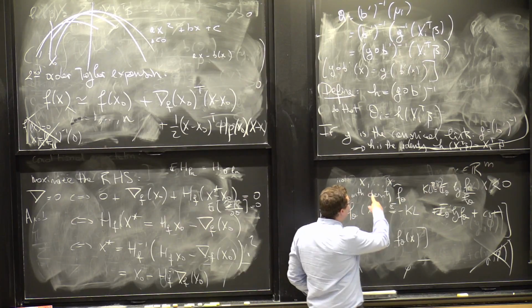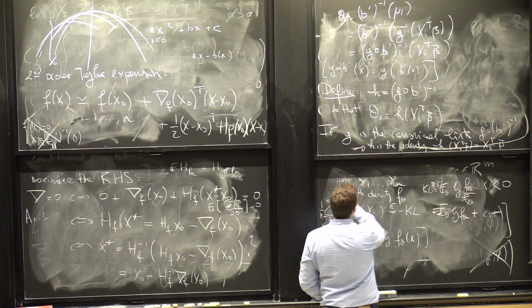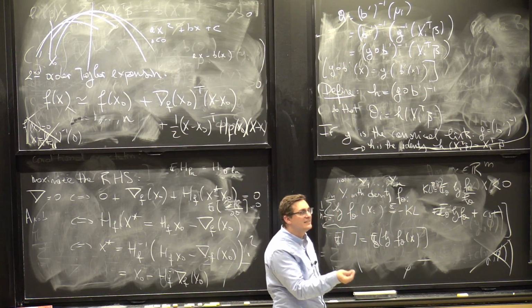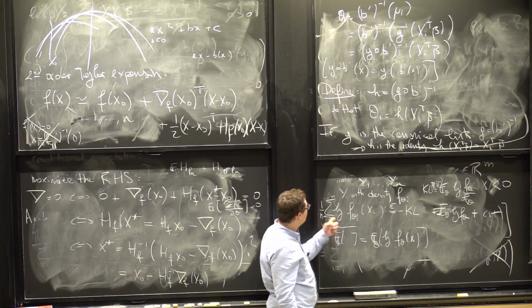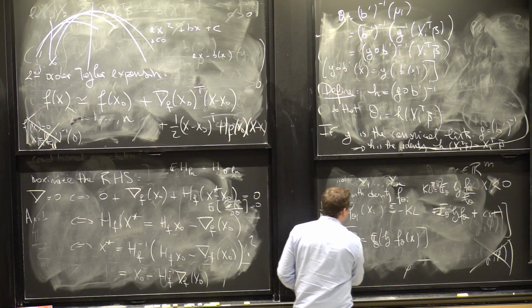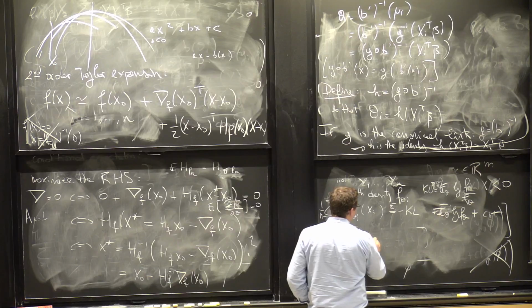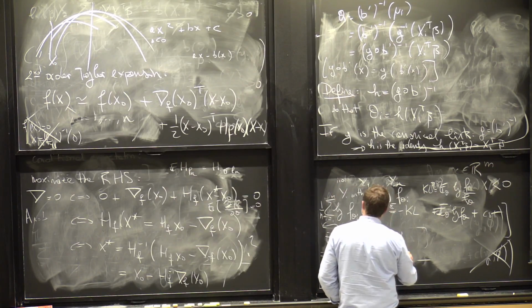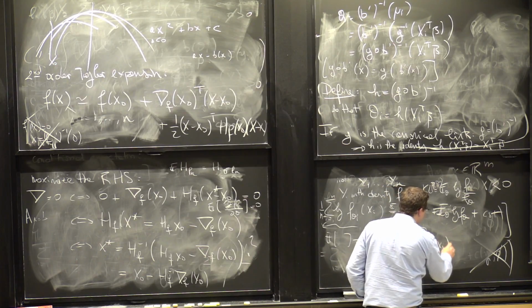Now, when I have things that are not IID, because what I really had was y1, ..., yn, and yi has density f theta i, which is just the conditional density given xi, then I could still write this. And when I look at the expectation, what I'm left with is 1 over n times the sum from i equal 1 to n of the expectation of log f theta i of yi.